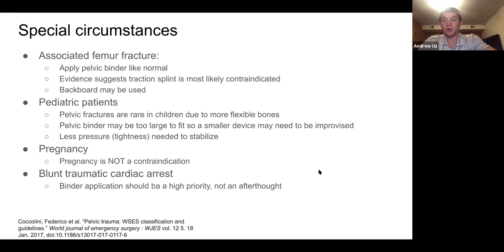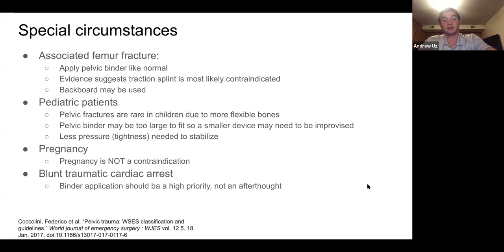on our arrival. But in the off chance that you do end up having a blunt trauma working code, you're going to want to prioritize, not above some of your other things, but certainly you're going to want to have the pelvic binder on your list of priorities, because basically the only way to survive blunt trauma cardiac arrest is by either stopping any bleeding or by decompressing any air that's in around the heart or in the chest and lungs.